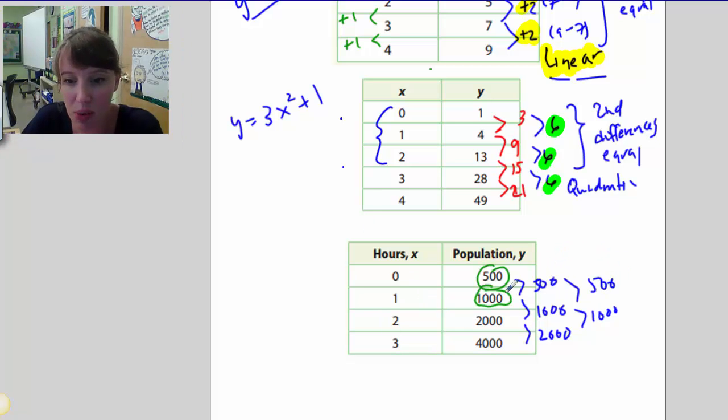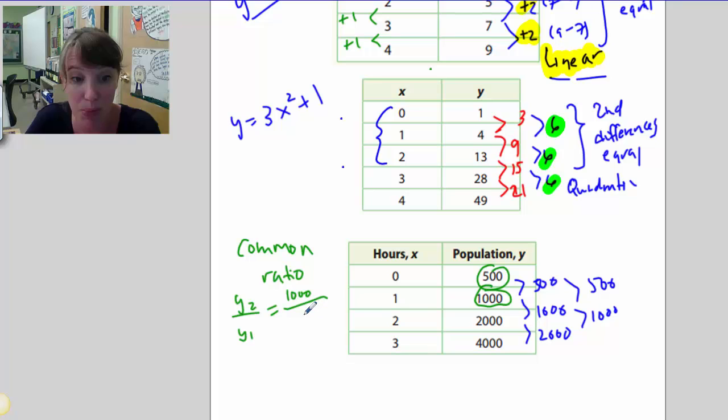Okay, so in this situation, when the first and second differences are not equal, what you want to think about is the common ratio. Now, you learned about this when you did exponential functions. So the common ratio is when you take y sub 2 divided by y sub 1. In other words, 1,000 divided by the previous y value, which is 500. So here the common ratio is 2.